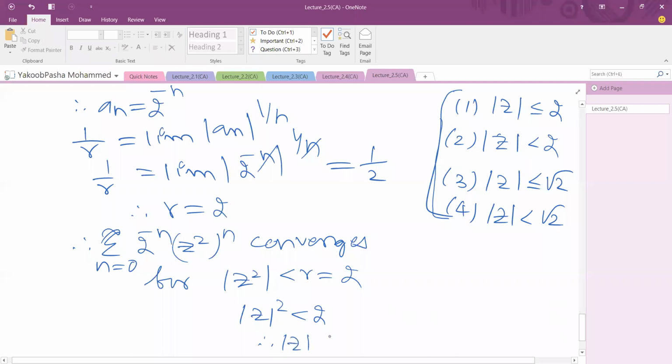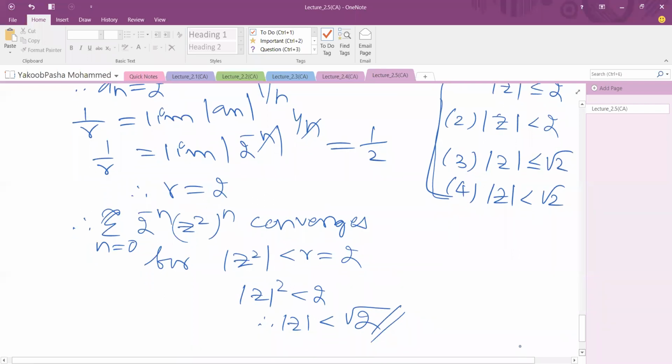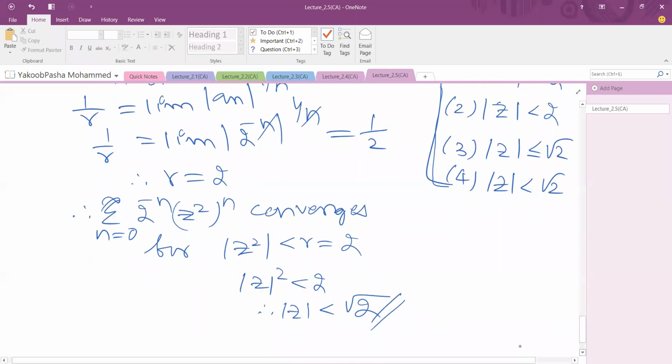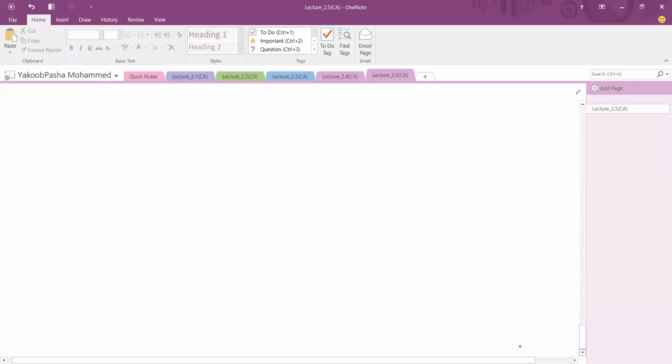Therefore, mod z is less than √2. This is the right option. Okay. Now I am taking another problem. It is also from NET. The radius of convergence.